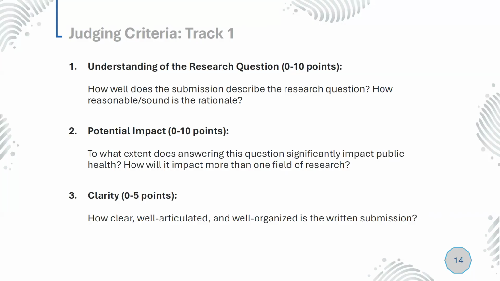Is it focusing on a small area of research, or is it more interdisciplinary in nature, affecting a lot of disciplines? All that information will be considered to see how much this small idea can create change. Another piece of information we are looking for is how clear the submission is. Is it well organized? Is the argument well articulated? All these items are things we are looking for in track 1.